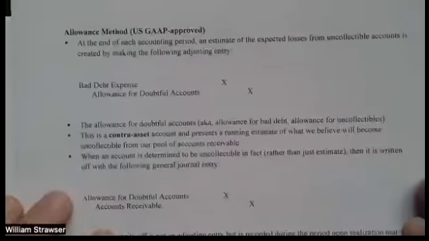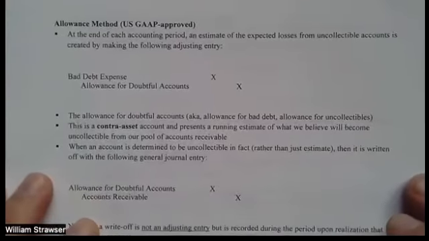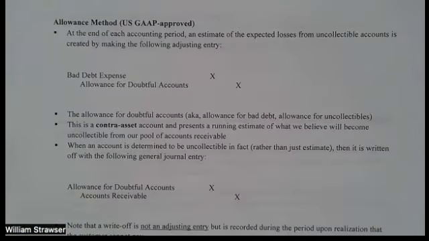All right. So when we're working with the allowance method, and again, this is the US GAAP approved method, it's preferred to the direct write-off method. At the end of each period, whether that be a quarter or a year, we have to estimate the expected loss of what we're not going to be able to collect.